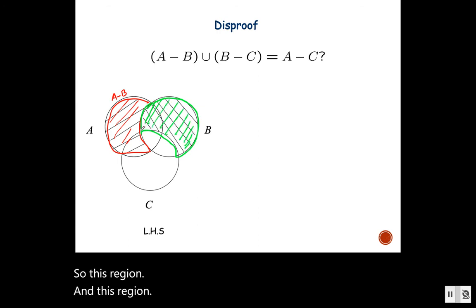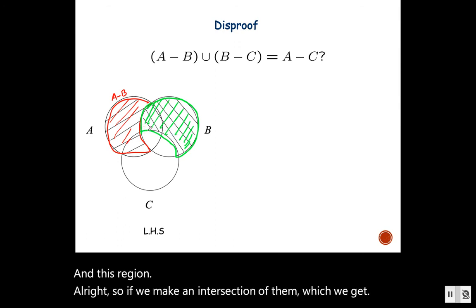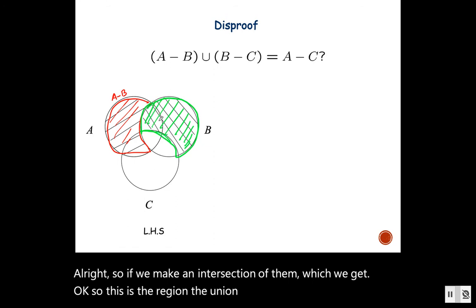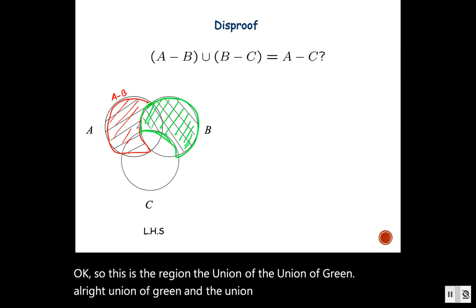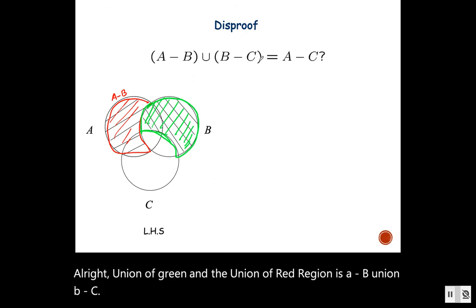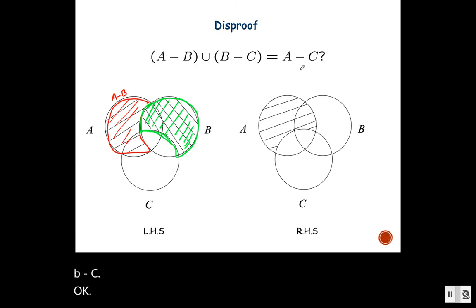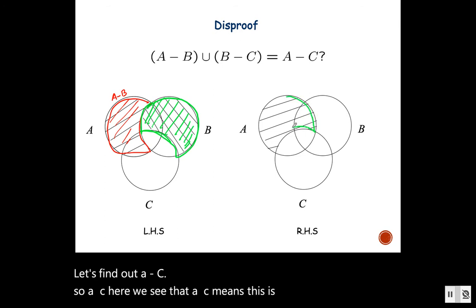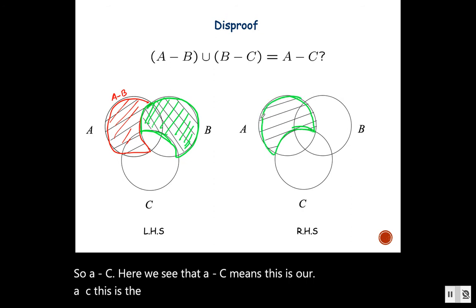All right, so the union of the green and the union of the red region is our A minus B union B minus C. Now let's find out A minus C. Here we see that the green region is our A minus C. But what do you think?